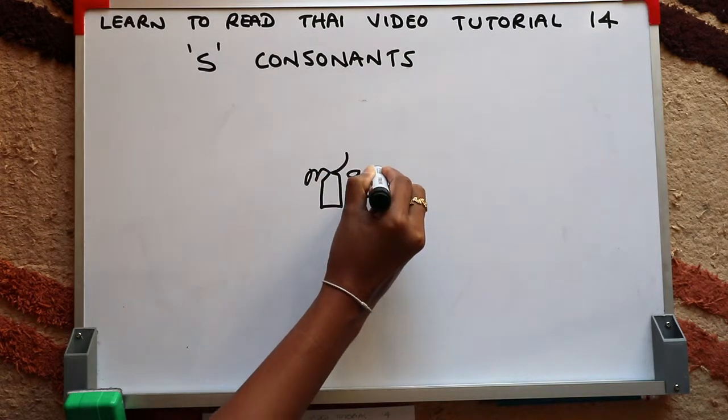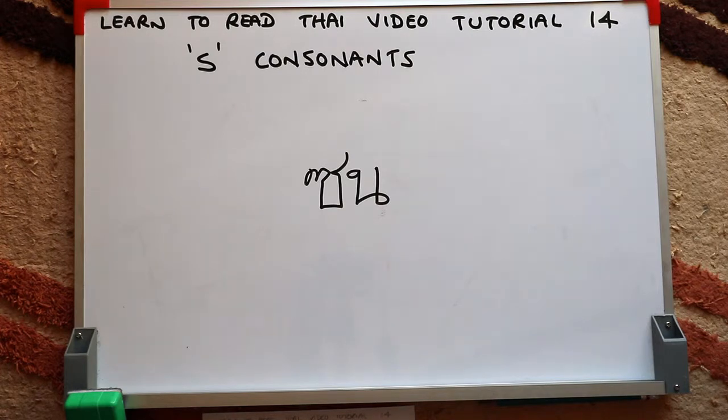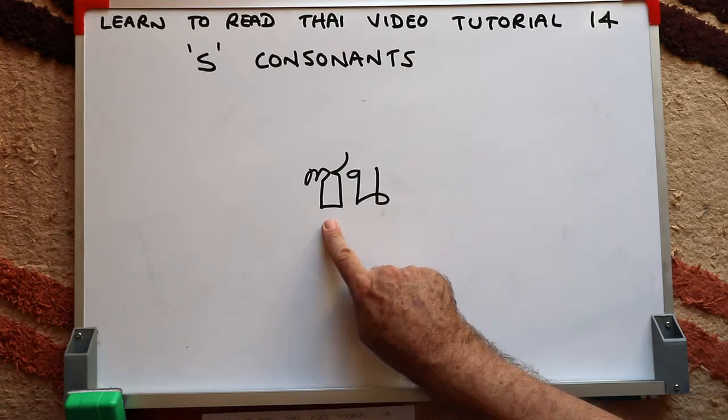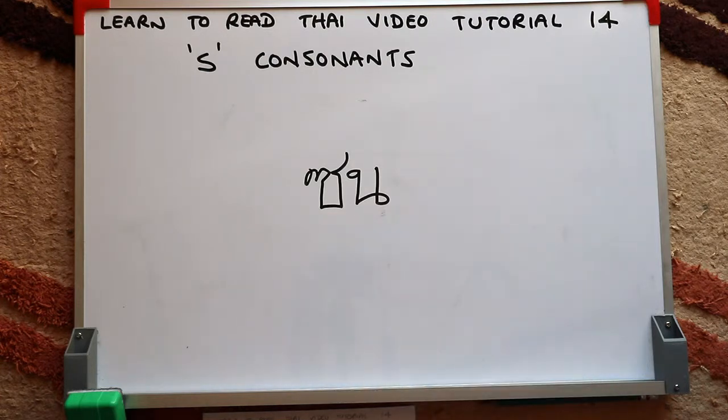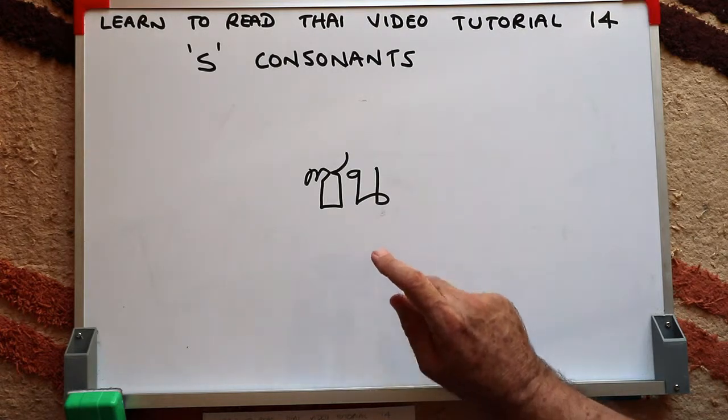And then the next word will use the low class S. The sol. So all we've got is the sol low class initial S, and we've got a final N consonant, not normal. We've got no written vowel.